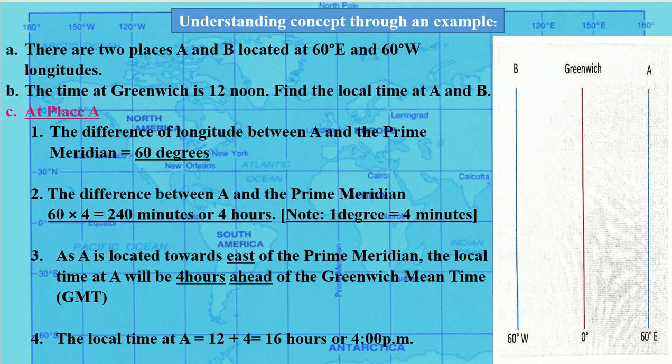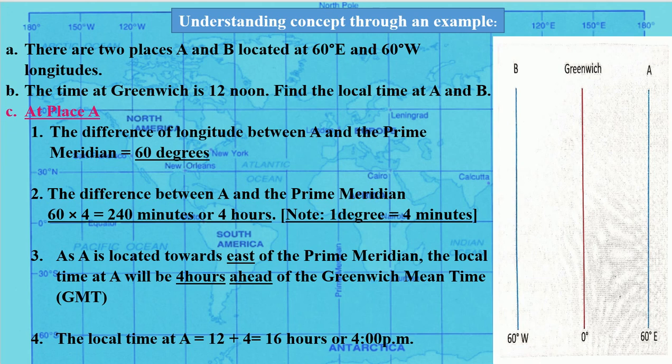So we have found the time difference between A and the prime meridian. We can see that A is located east of the prime meridian, so the local time at A will be 4 hours ahead of the Greenwich time.